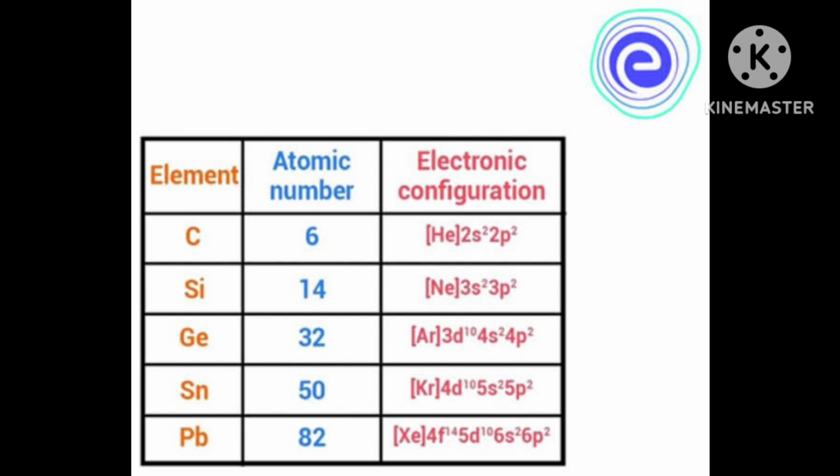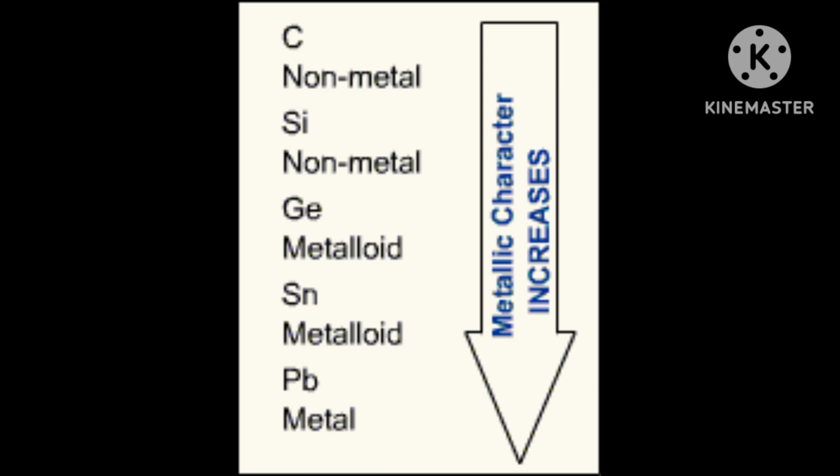For carbon, the density is 3.51 gram per cc, and silicon is little lighter, 2.34 gram per cc.